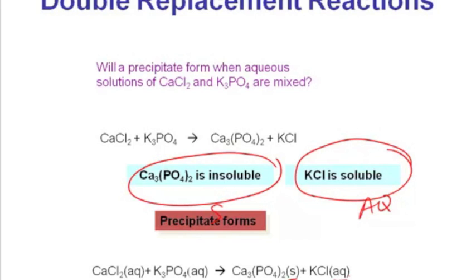Now, what we're going to do right now is the same thing that we learned with acids, except we're going to apply this to the double replacement with precipitations, where we do the molecular formula, the total or complete ionic formula, and finally the net ionic formula.